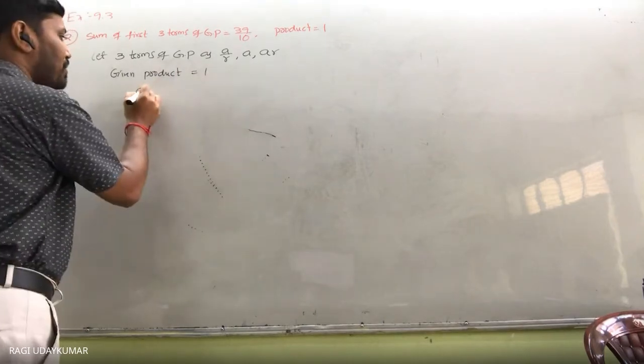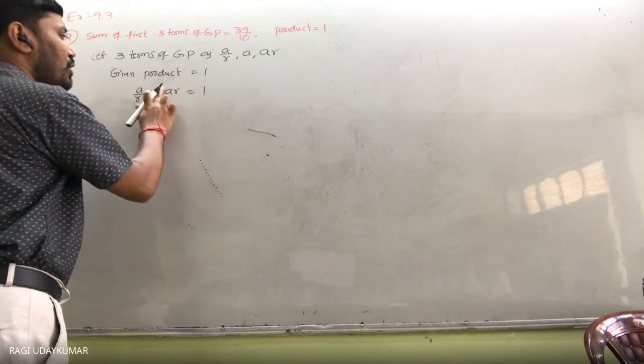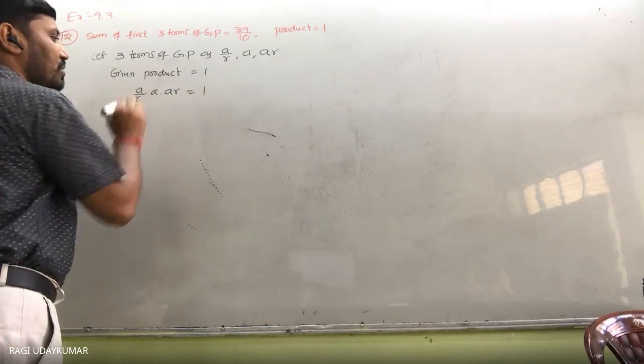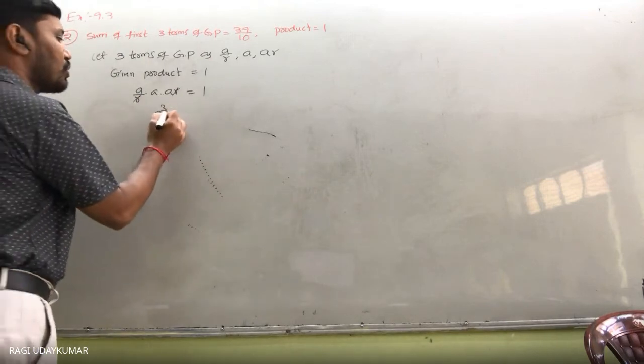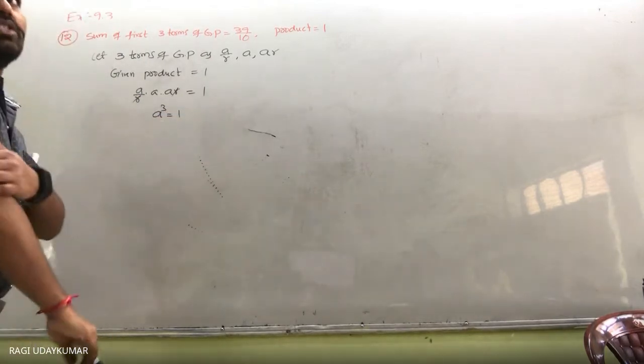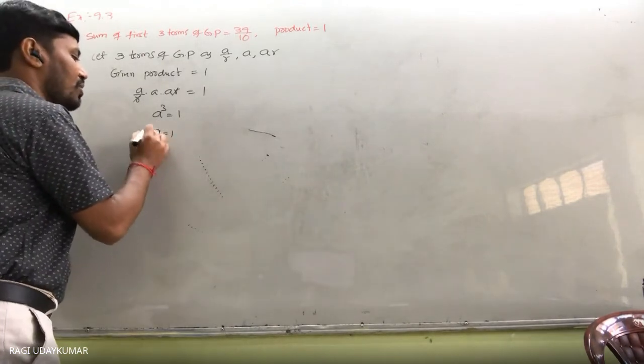So multiply all three: A by R into A into AR is equal to 1. R will get cancelled, so A cube is equal to 1, which means A is equal to 1.